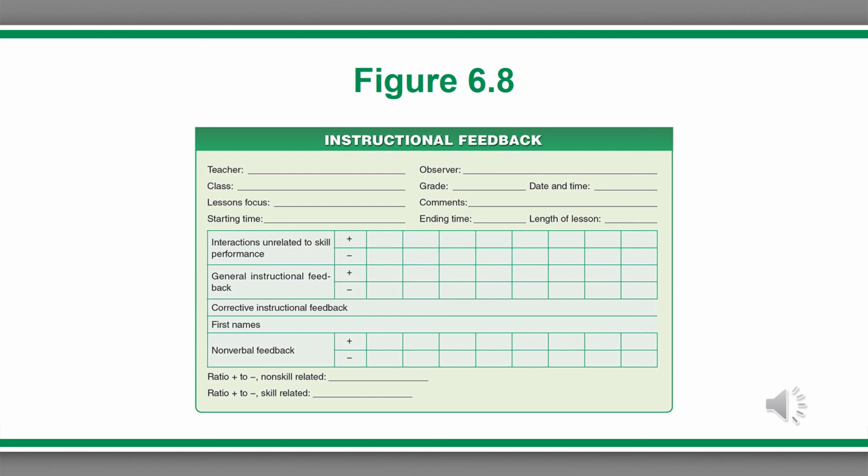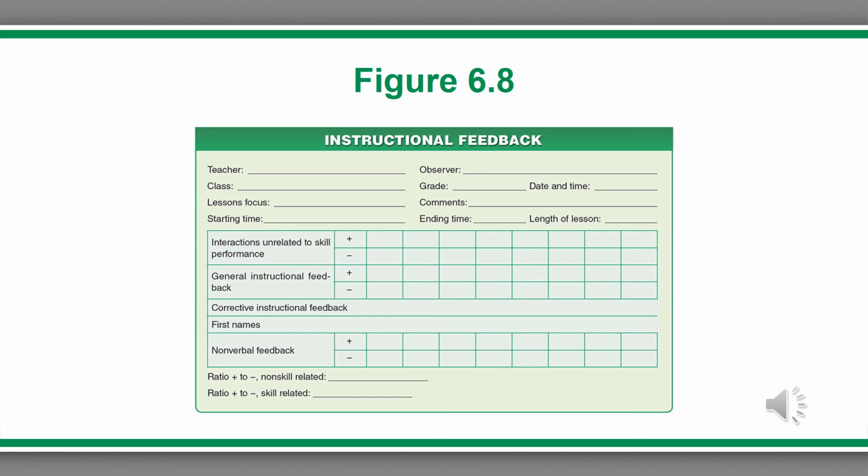But what's suggested is this: if you're going to do instructional feedback, you would want to record your lesson. Record your lesson to play back and evaluate later. At first, you would just take one category at a time and come up with a form like this that you see here.